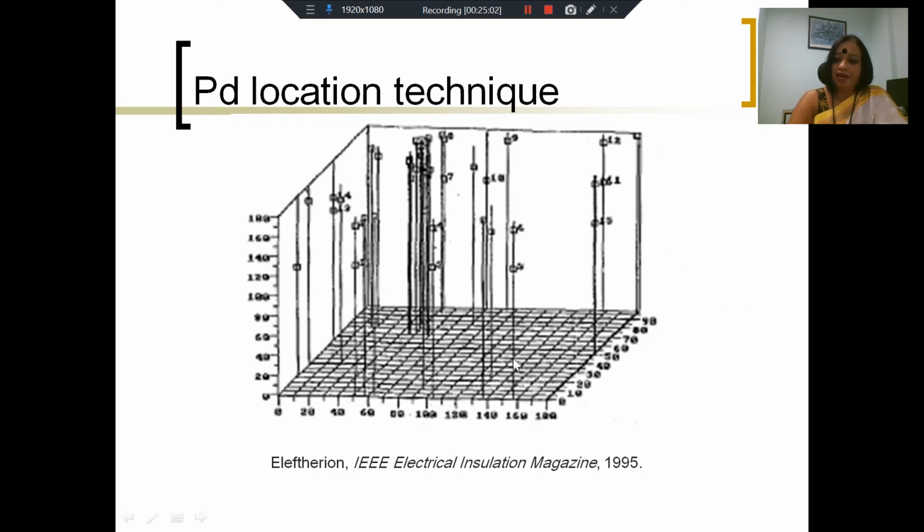Since there are a large number of sensors, you continue these triangulation methods, and you continue to obtain various positions. Now, these location algorithms are not very accurate, so with one measurement, with one triangulation, you may not be able to locate the exact position.